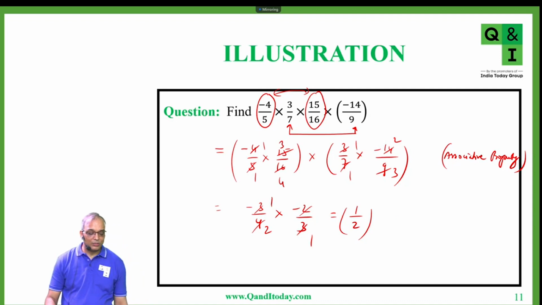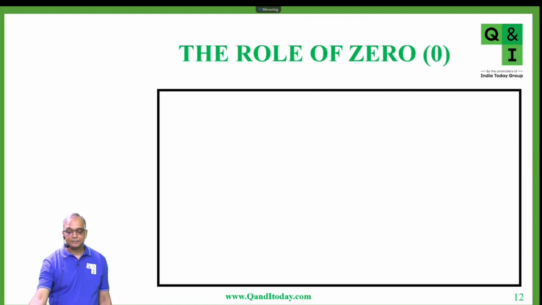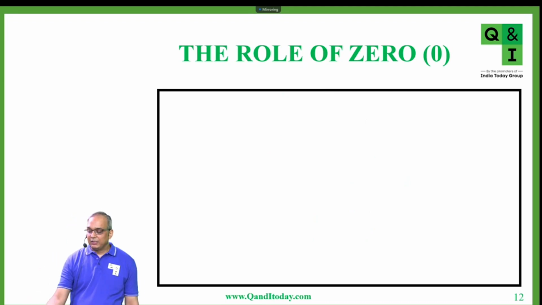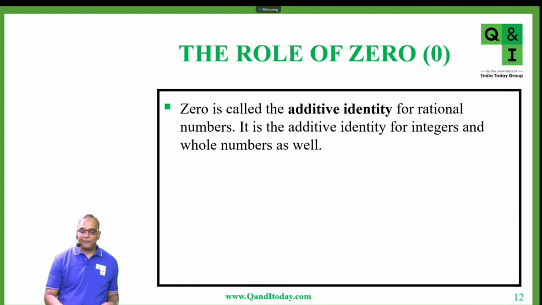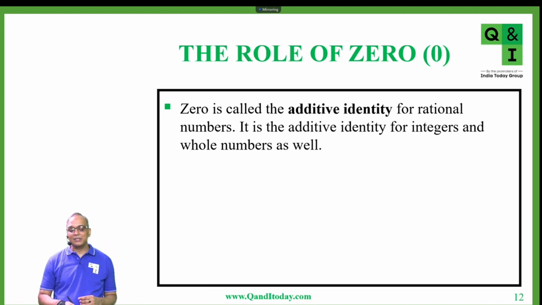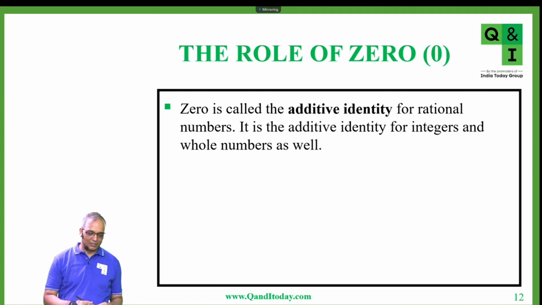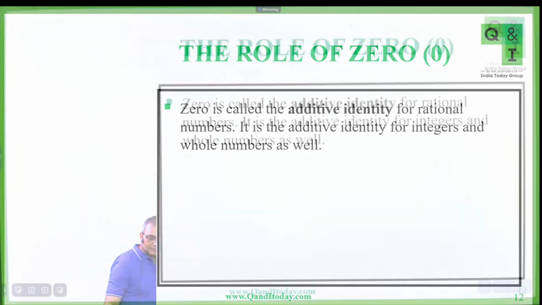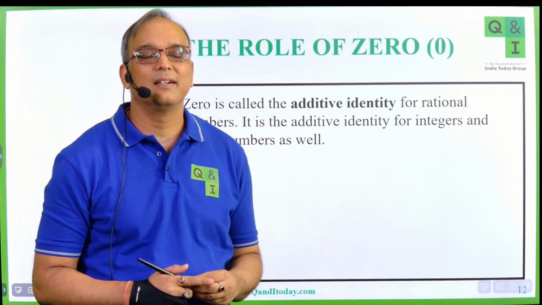Now let's go to the next concept: the role of 0. 0 is called the additive identity for rational numbers. It is the additive identity for integers and whole numbers as well. What does additive identity mean? Additive identity is a number which, when added to a number, gives the number itself.